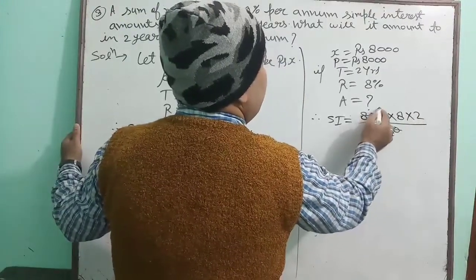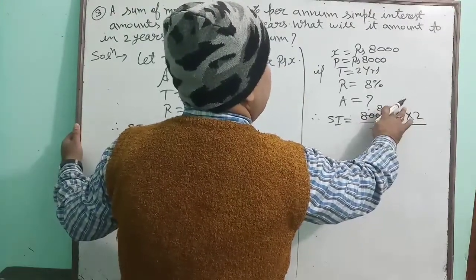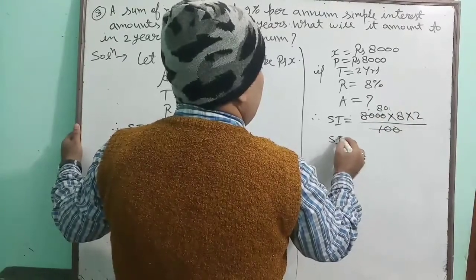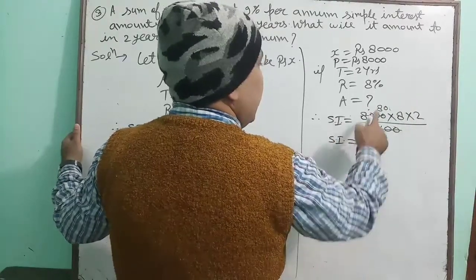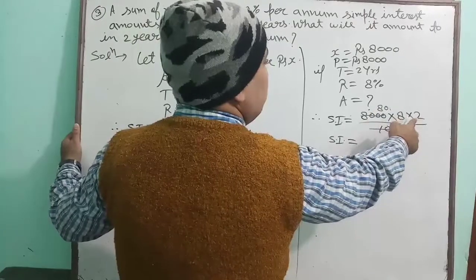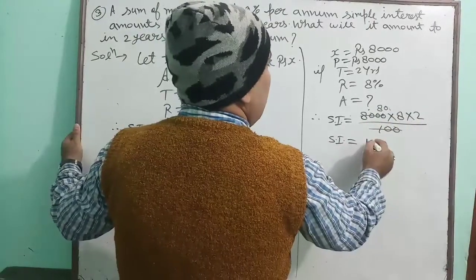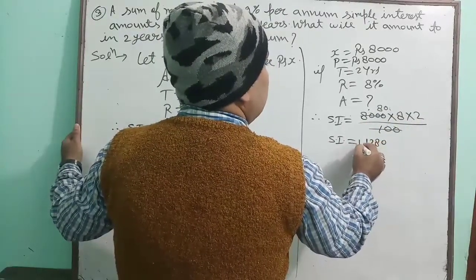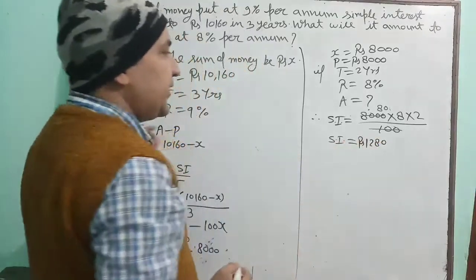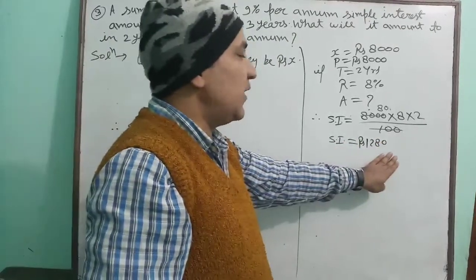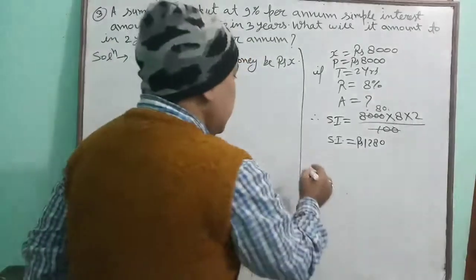100 is dividing 8,000 by 80 times. 80 into 8 into 2 is 1,280. Simple interest is 1,280.